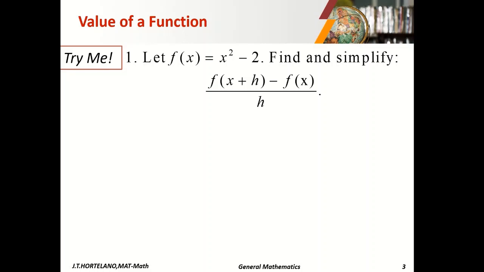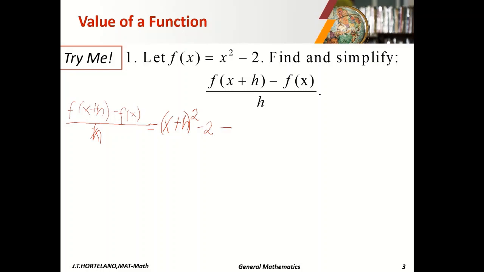So this will become the f of x plus h minus f of x all over h is equal to, so this is x plus h squared minus 2 minus the f of x.